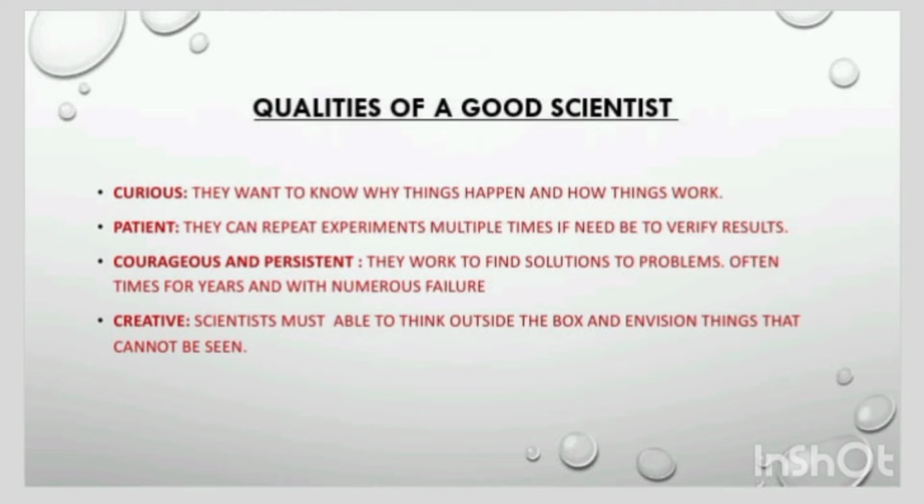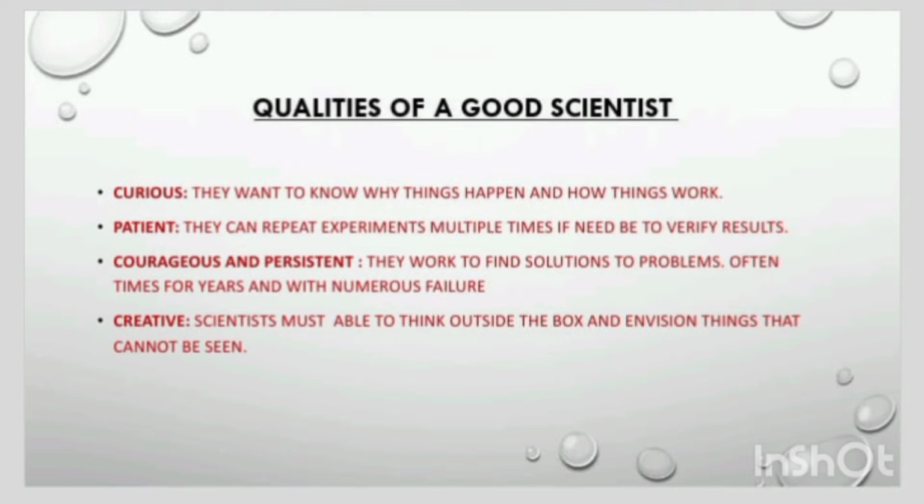And then another is patience. A scientist would not be in a hurry to achieve results because he wants to achieve a reliable result. Another is courage and persistence, because so many experiments will want to frustrate you with wrong answers and wrong problems.